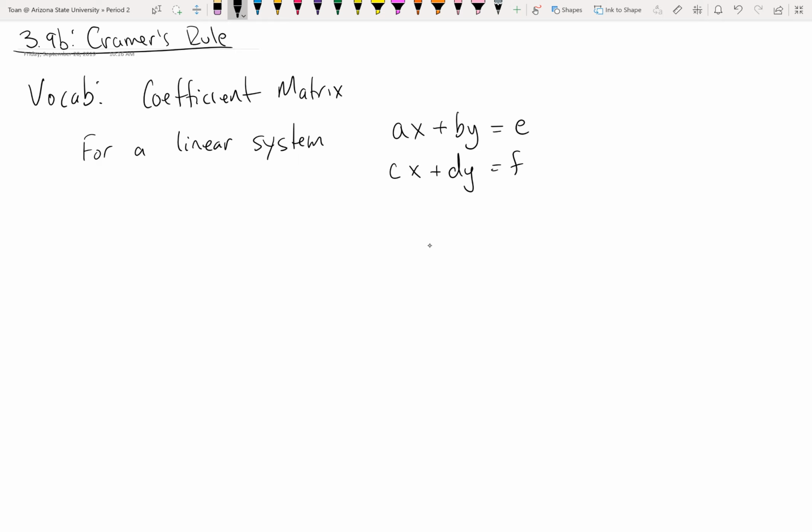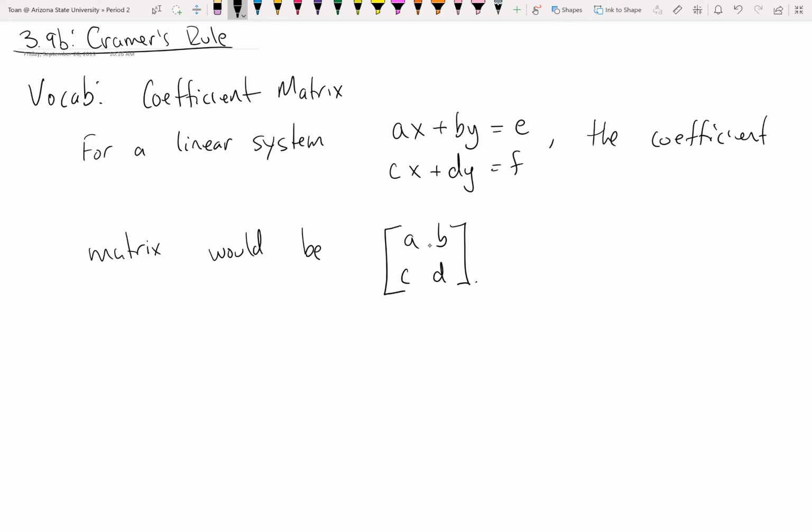For a linear system, the coefficient matrix would be a, b, c, d. Okay? So you literally see how all we did was make a matrix by taking the numbers in front of the variables and putting them inside of a matrix. So that's what a coefficient matrix is. Pretty simple idea.